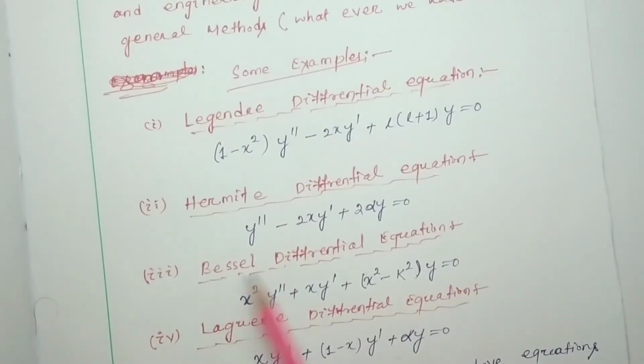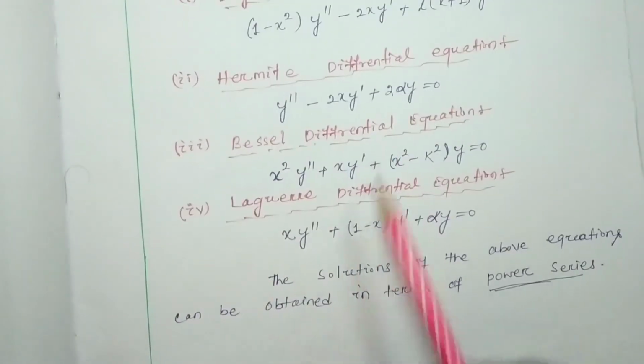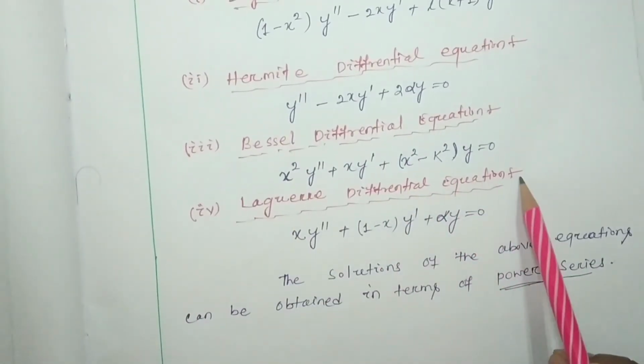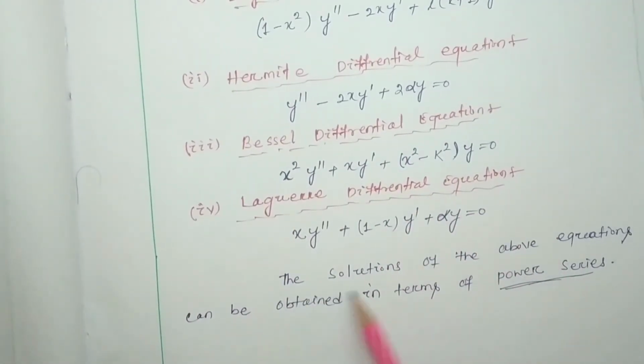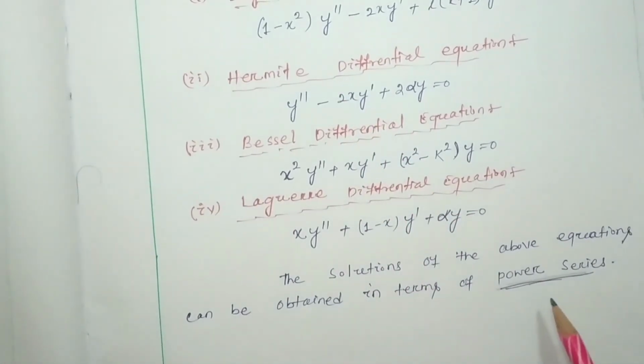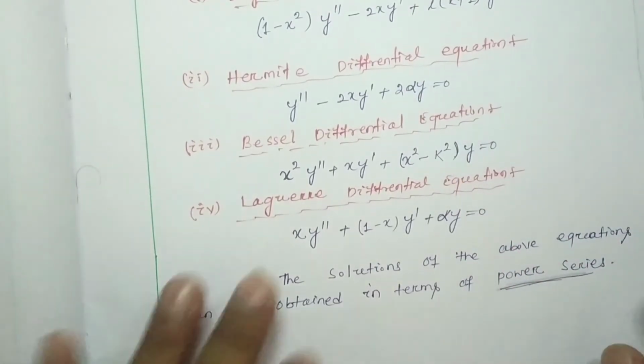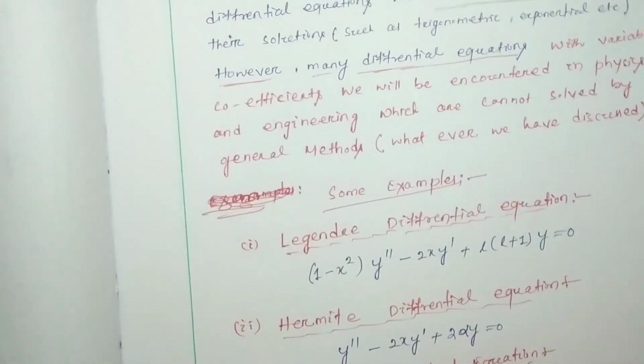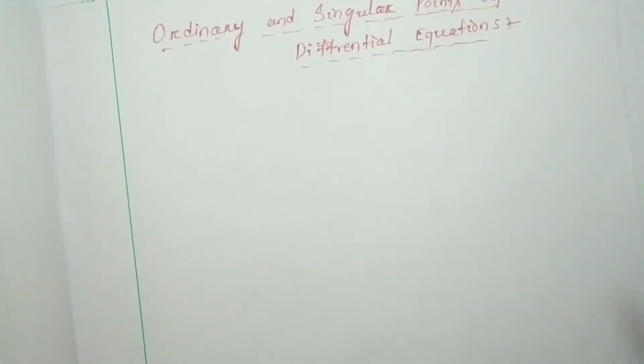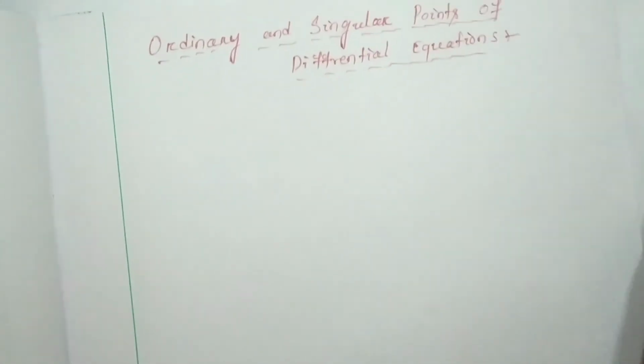Another two are the Bessel differential equation and the Laguerre differential equation. The solutions of these equations can be obtained in terms of power series. With the help of power series we can solve these differential equations. What the power series is and how we use it, we will discuss in the coming classes.